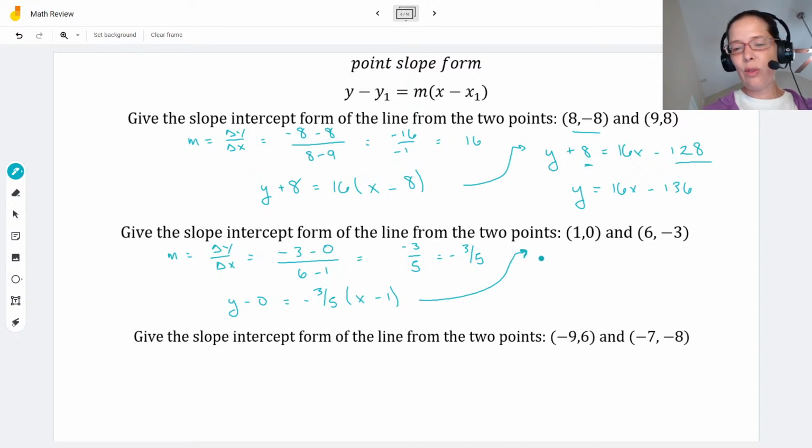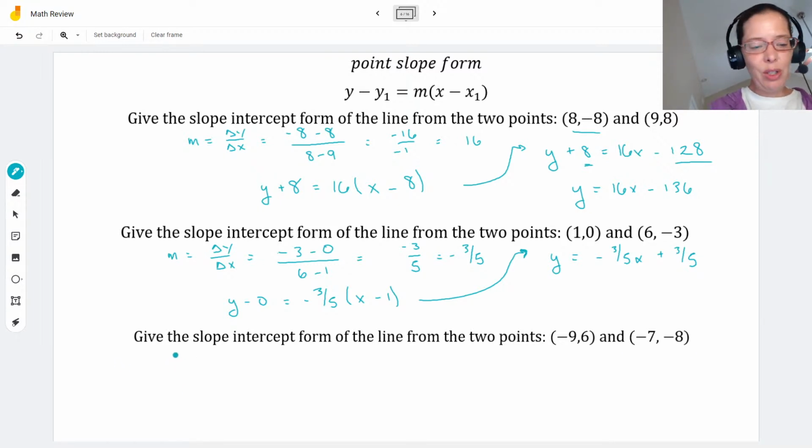This is nice: this y minus 0 just goes straight to y. And I'm going to have -3/5 x plus 3/5. And that is my equation of the line. It is generally nice when one of your points has at least one 0, because it just tends to simplify things down.